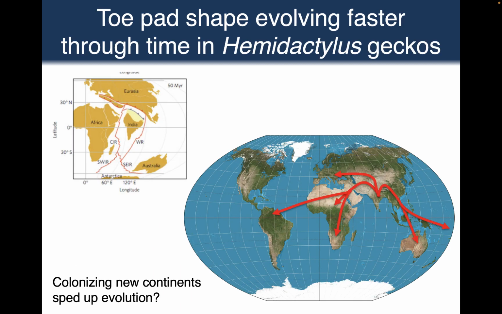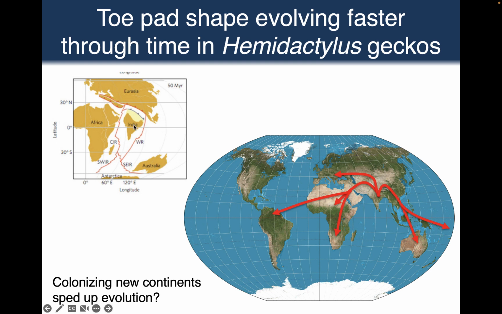So what could this mean? Well, again, Hemidactylus, depending on how you define it, are probably a little less than 100 million years old. They can trace their ancestry back to Asia. And what was happening around that time geologically was that's when India was crashing into the Asian continent. And so maybe this is related somehow.